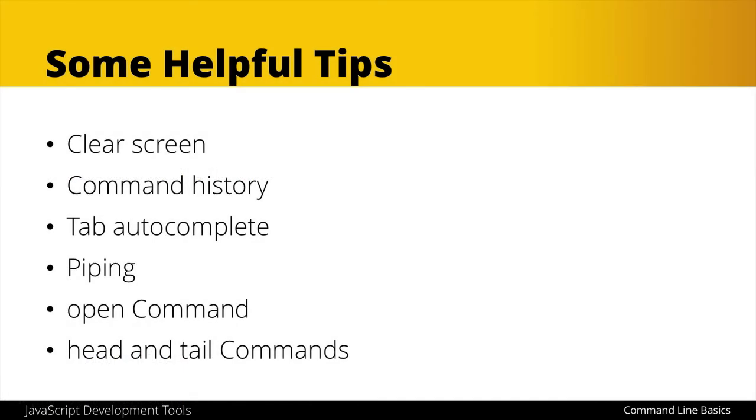Okay, so that takes us through things like clearing the screen, having a history of commands, autocomplete with tab, piping characters together, opening stuff up in Finder or in Atom, and then the head and tail commands for preview. And at this point, you've got a pretty solid basis to working with the command line. And the thing everybody says about the command line that's great, in addition to its power, is that it really isn't too hard to learn because there aren't too many commands.